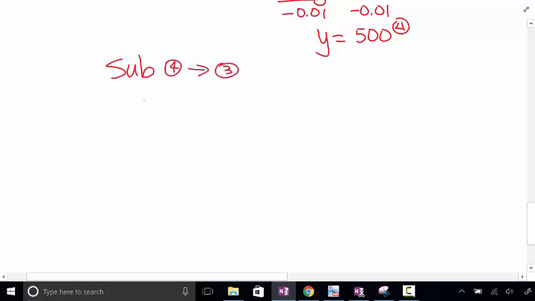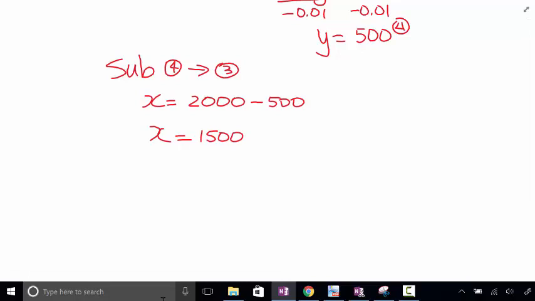And so you get x is equal to 2,000 minus y, but I know y is 500 now, so 2,000 minus 500. And so x is equal to 1,500. Okay, what does this mean? In order to earn $75 from both accounts, I need to put $1,500 in the mutual fund and $500 in the GIC.